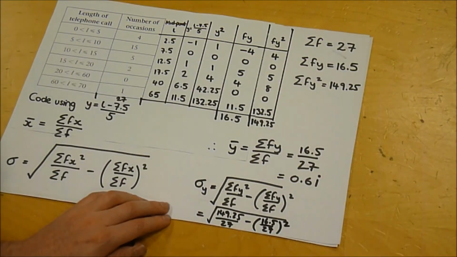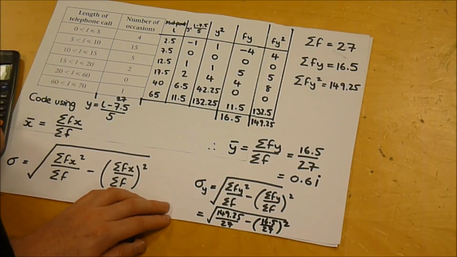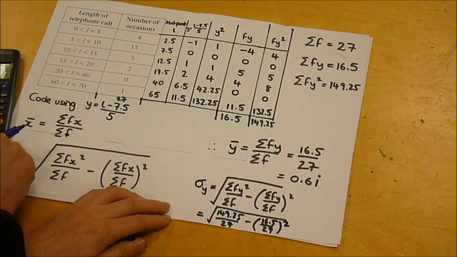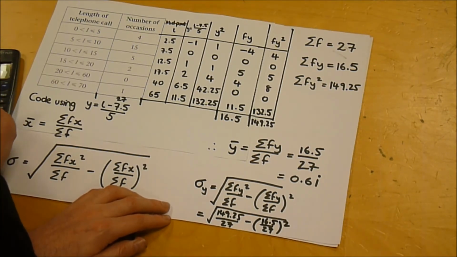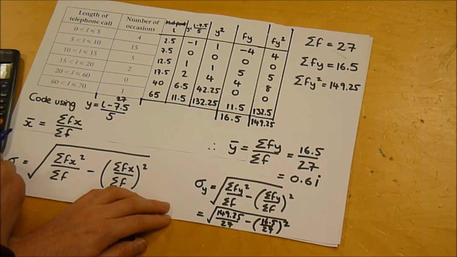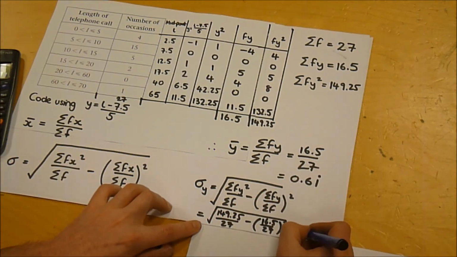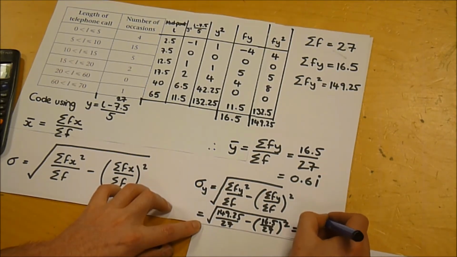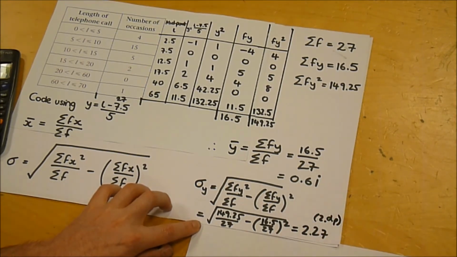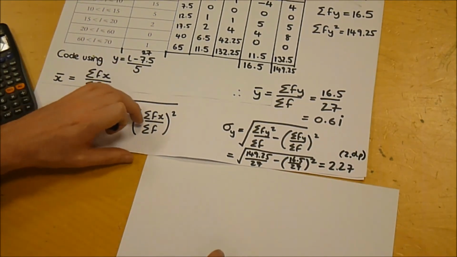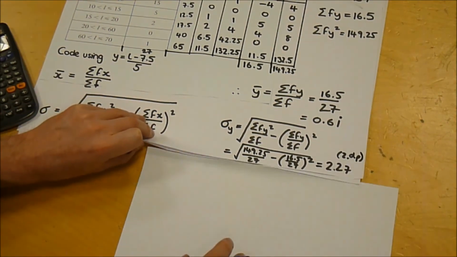And you go to the calculator and you type that in. Make sure you're accurate with this. And it should come out as 2.27 to 2 decimal places.